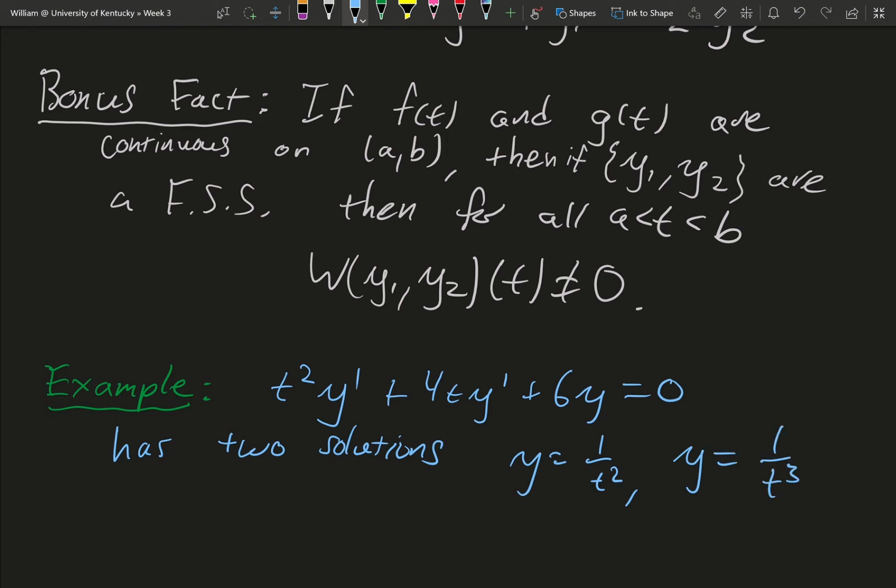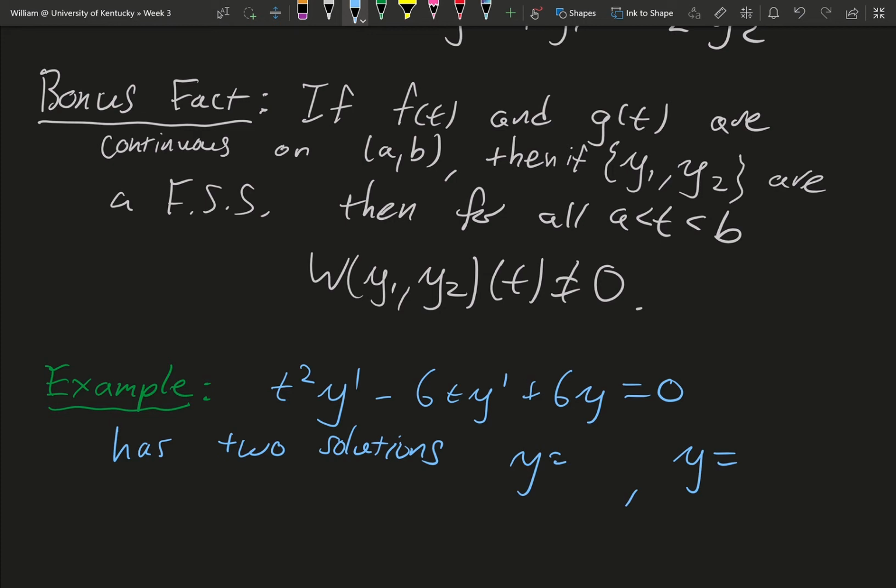Oh, wait, I think I should change this, because otherwise it's not going to be exactly what I want. So instead of a positive 4, let's make it a negative 6.